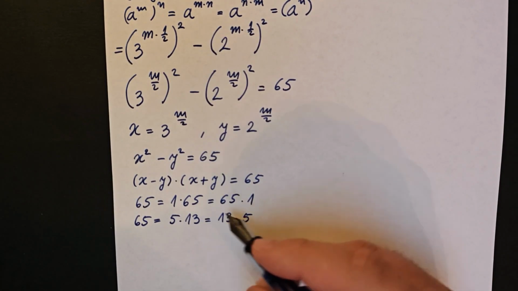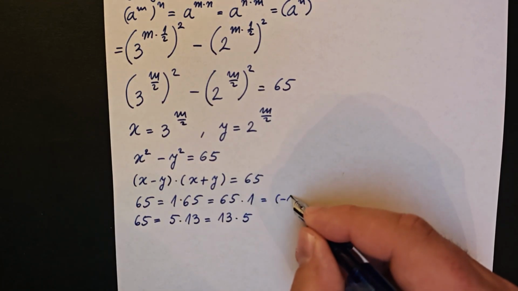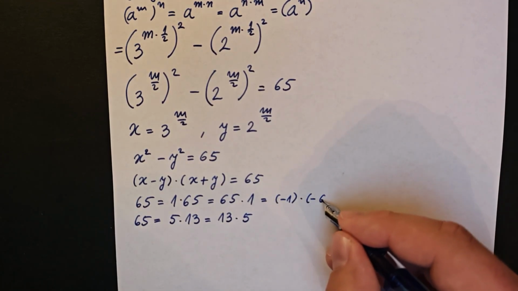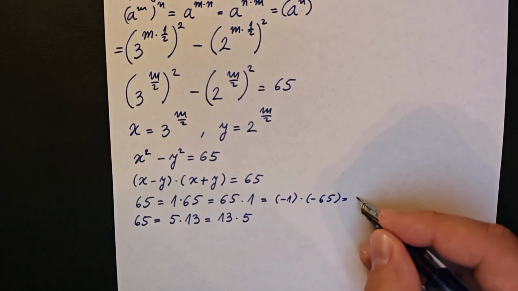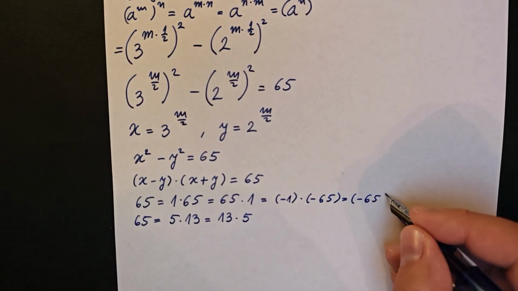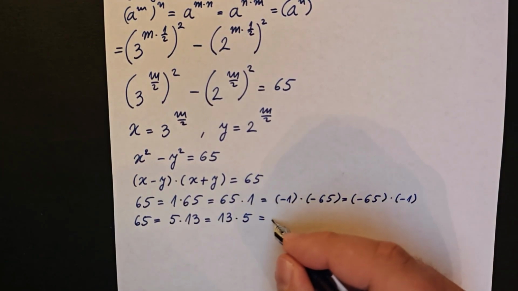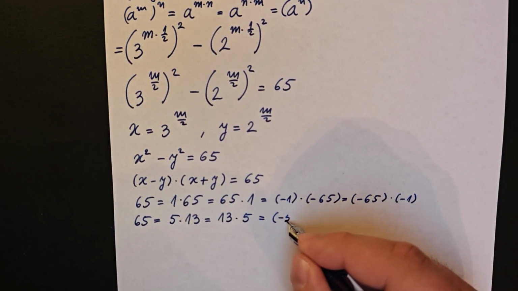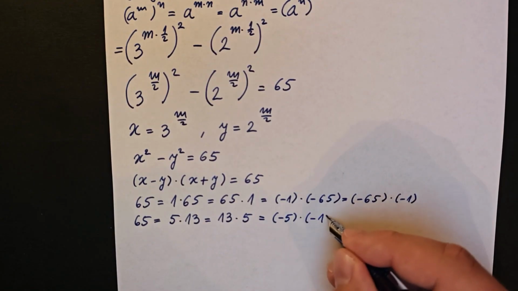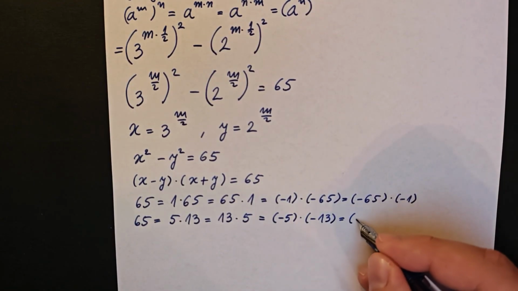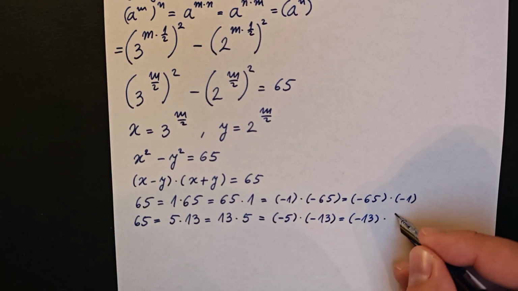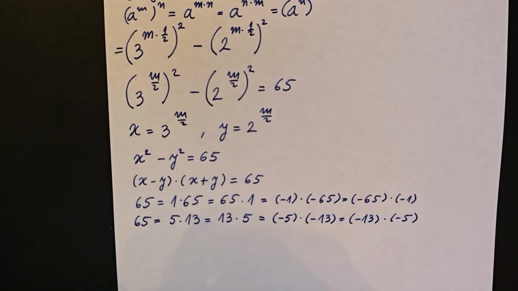Now 65 we can also write as negative 1 multiplied by negative 65 and as negative 65 multiplied by negative 1. The same thing applies here, negative 5 multiplied by negative 13 and negative 13 multiplied by negative 5.